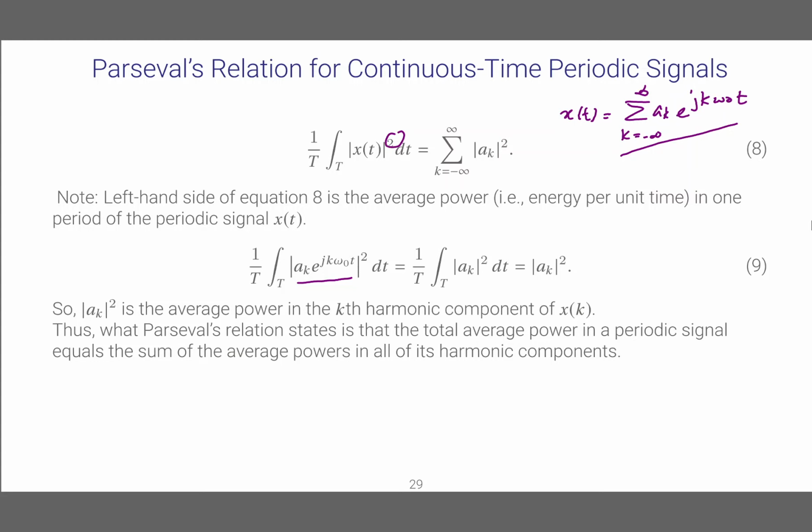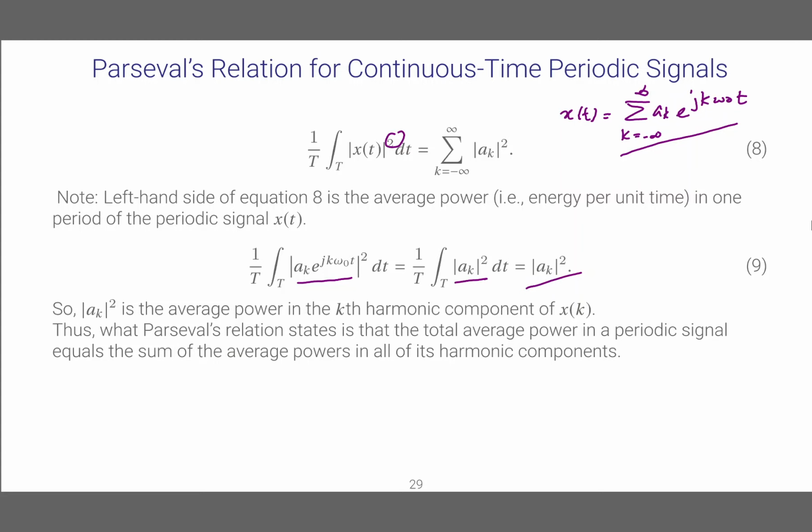You will notice that the absolute magnitude of e to the power of j k omega naught t is 1, so you get the magnitude of a_k squared, and when you integrate this constant over the period T and divide by T, you get a_k squared.